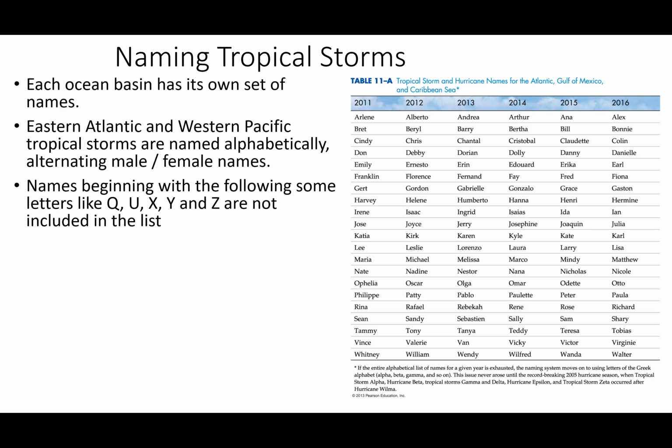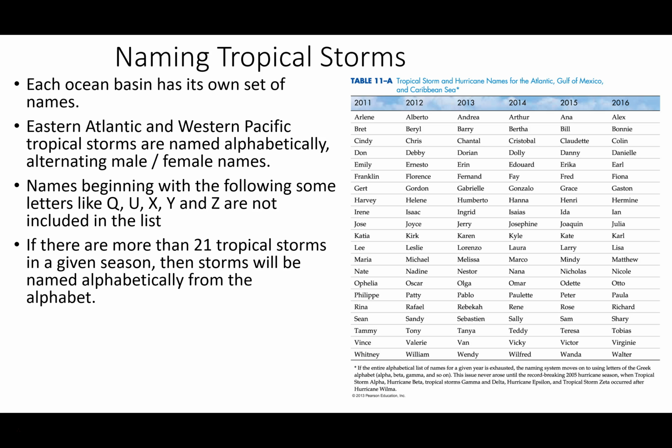The letters that are skipped are Q, U, X, Y, and Z. So that only leaves 21 possibilities. If a list runs out, then we draw from the Greek alphabet.